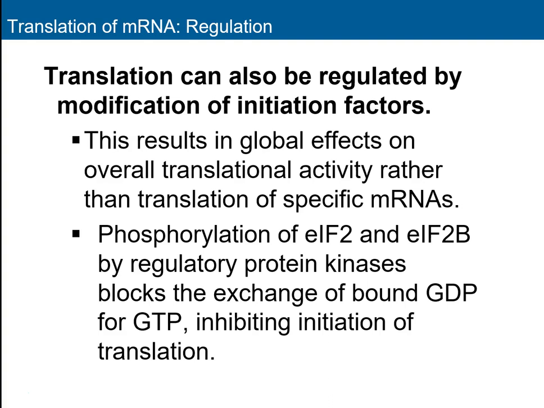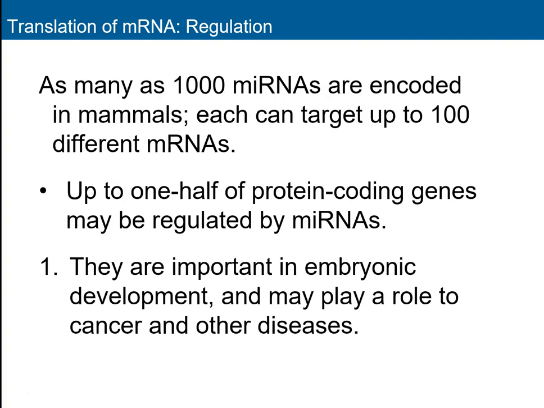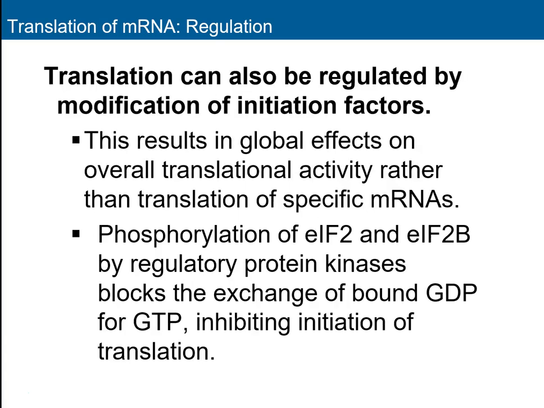I think we still have a lot to learn about these, but we know that they are involved in regulation of translation, in that they can bind to mRNAs and block translation. So they are regulatory molecules involved in regulating translation.